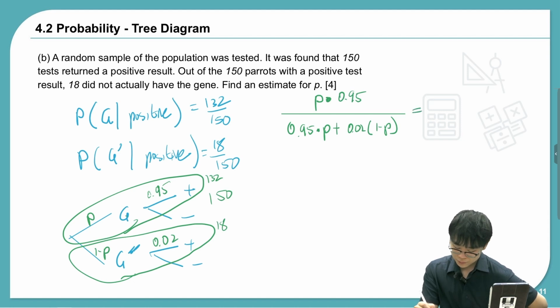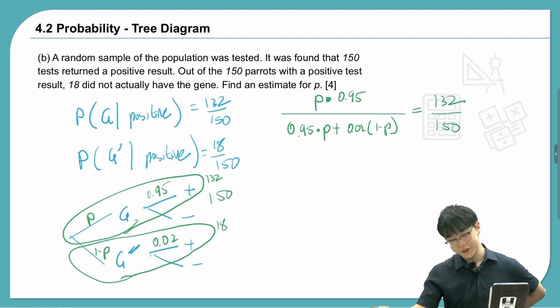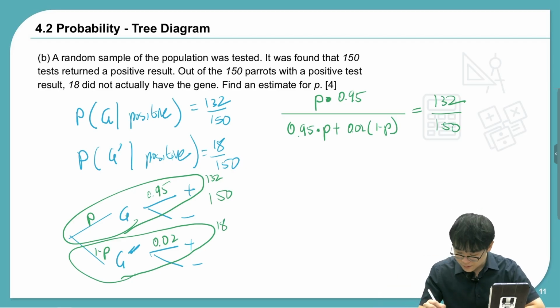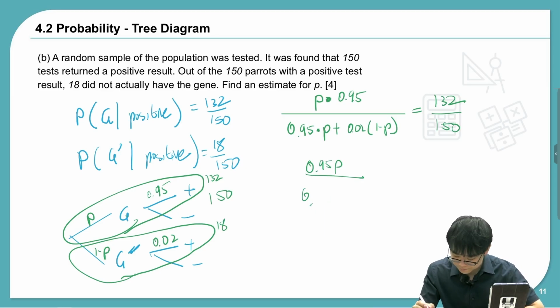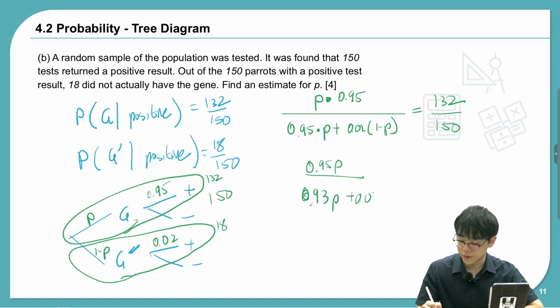So that would be equal to 132 over 150, and we just have to solve this equation to find P. Right? So I would get 0.95 P, this would give me 0.93 P, plus 0.02 is 132 over 150.